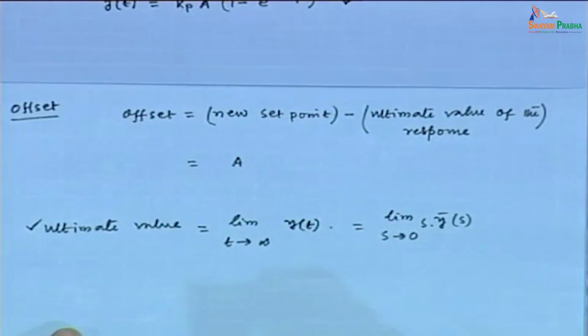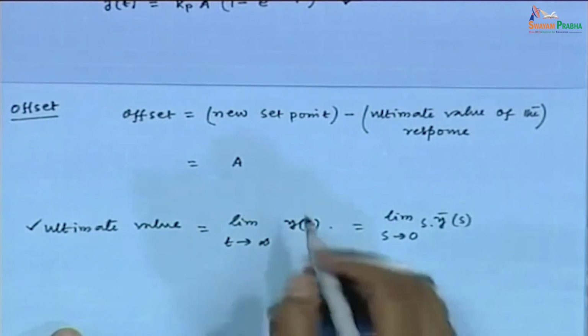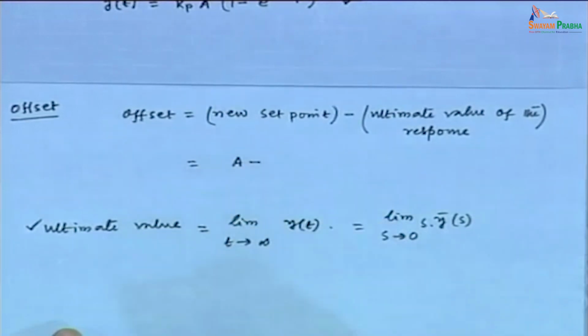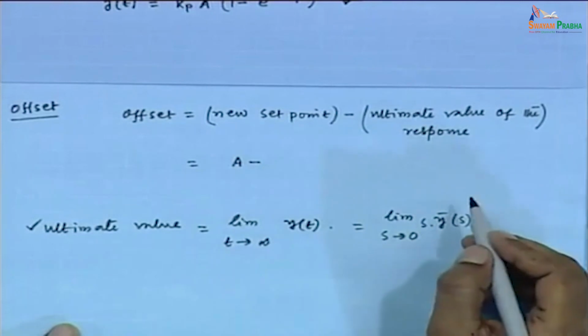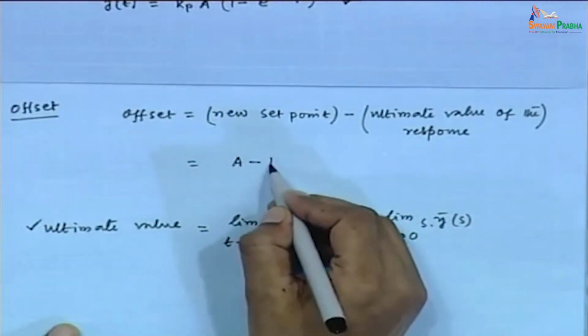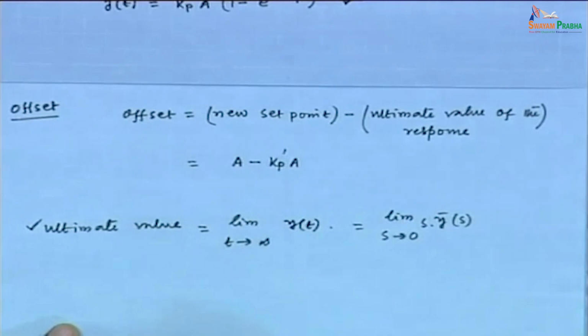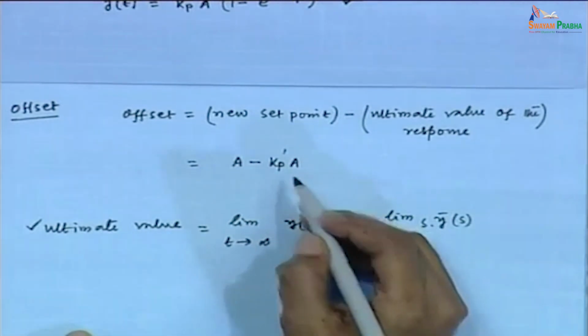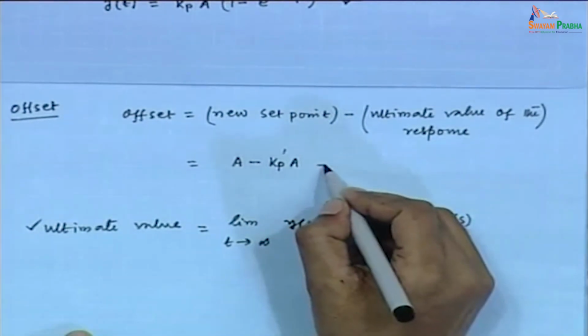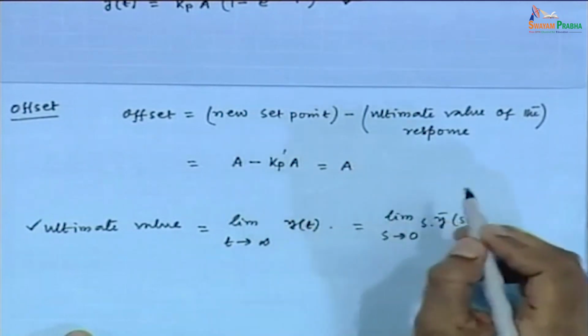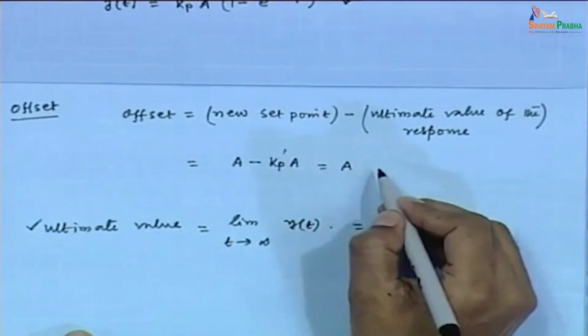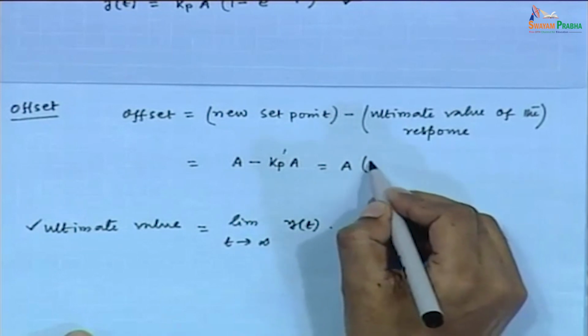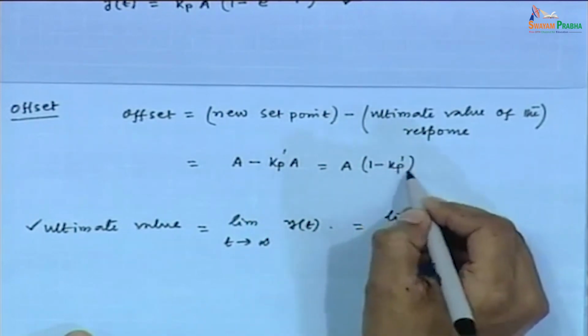Set point value is A because we have introduced a step change with magnitude A, and the ultimate value is K p prime A. If we apply the final value theorem, we can obtain the ultimate value as K p prime A. Now, offset becomes A multiplied by 1 minus k p prime.